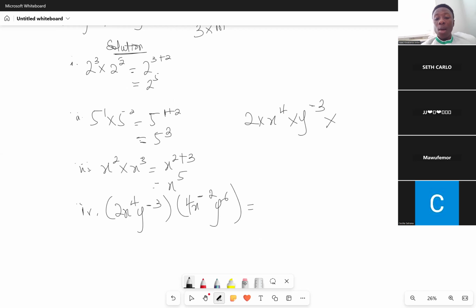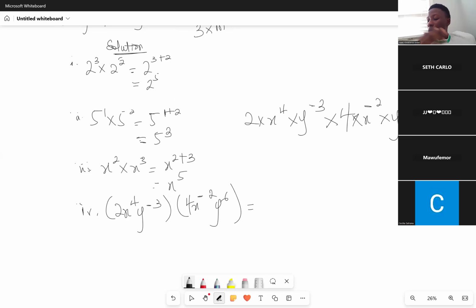Bracket is there, meaning they are multiplying. 4 is joined to x exponent negative 2, meaning they are multiplying. Then times y exponent 6. I want to slow down and find out if you're good. Is that okay? Yes, please. Let me go send something. Let me see.